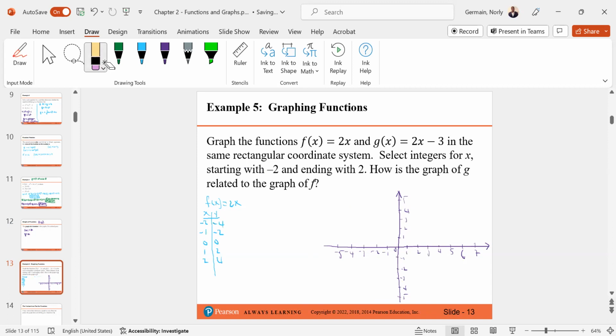It gives you exactly 1. So now our coordinates, if you want, you can rewrite them as (-2, -4), (-1, -2), (0, 0), (1, 2), (2, 4). So for x equals -2, we have -4 here.